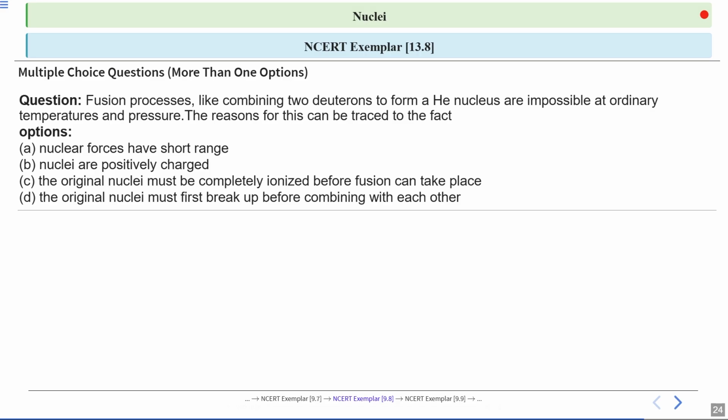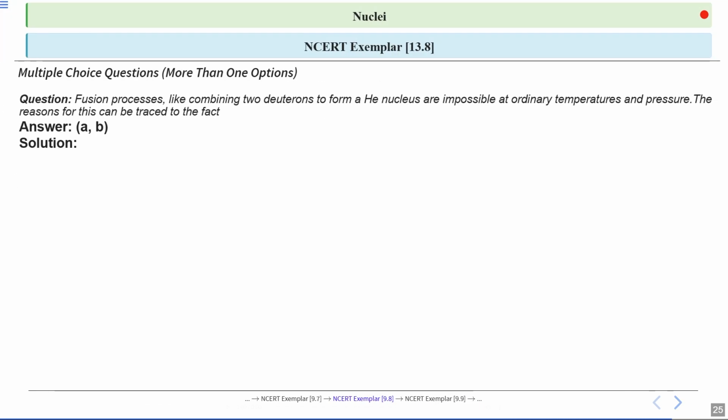The options are: nuclear forces have short range; nuclei are positively charged; the original nuclei must be completely ionized before fusion can take place; the original nuclei must first break up before combining with each other. So both options A and B are correct.